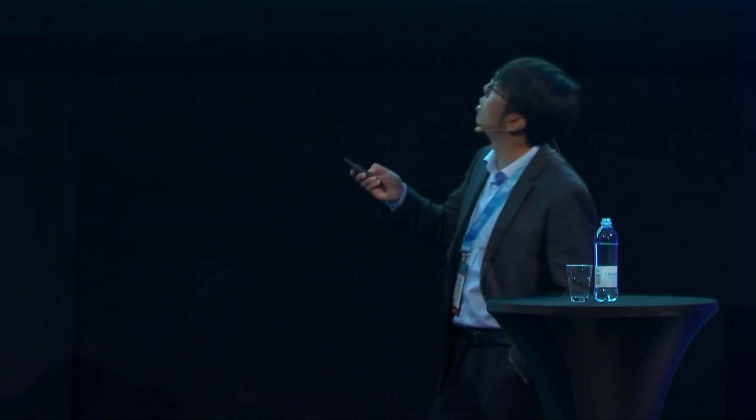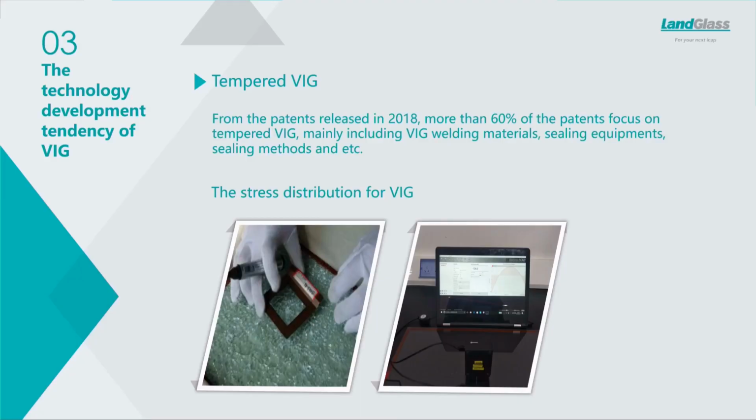Finally, metal welding is one of the solutions for this, because it only takes about 3 to 5 seconds to weld the two pieces of glass, so you can weld below 300. Here I can show you the picture. We broke the VIG pieces so you can see the glass is fully tempered.